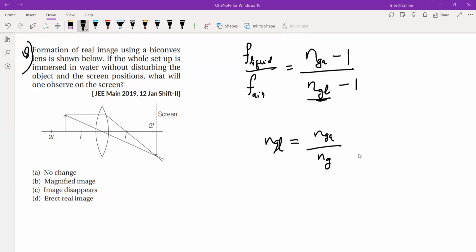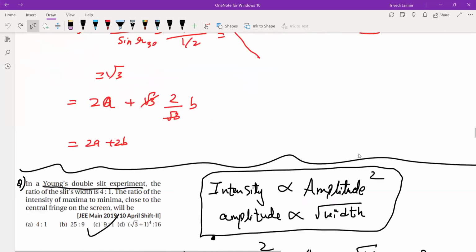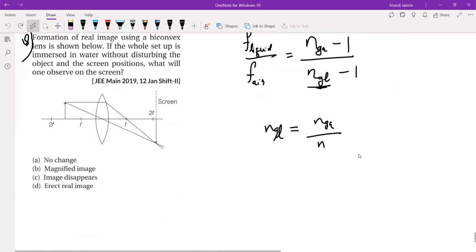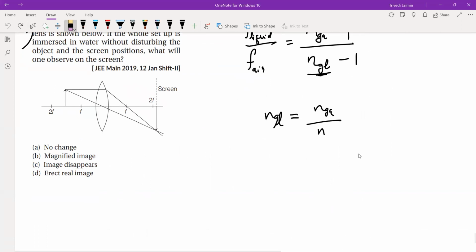Let's take it as refractive index GL equals the refractive index of GA by the refractive index of LA. Correct, right? It's going from glass, liquid, glass, air, to glass, and okay, air and glass and air and liquid. Okay, fine. Yes. Now correct.